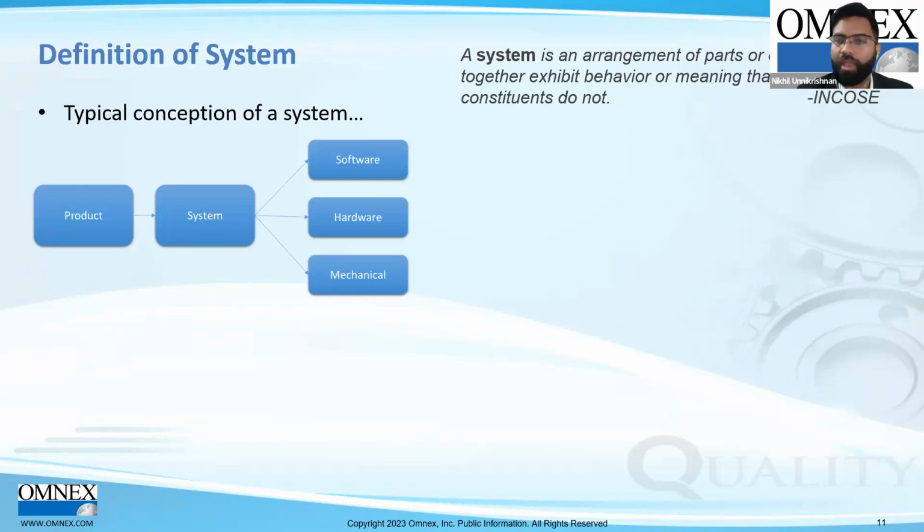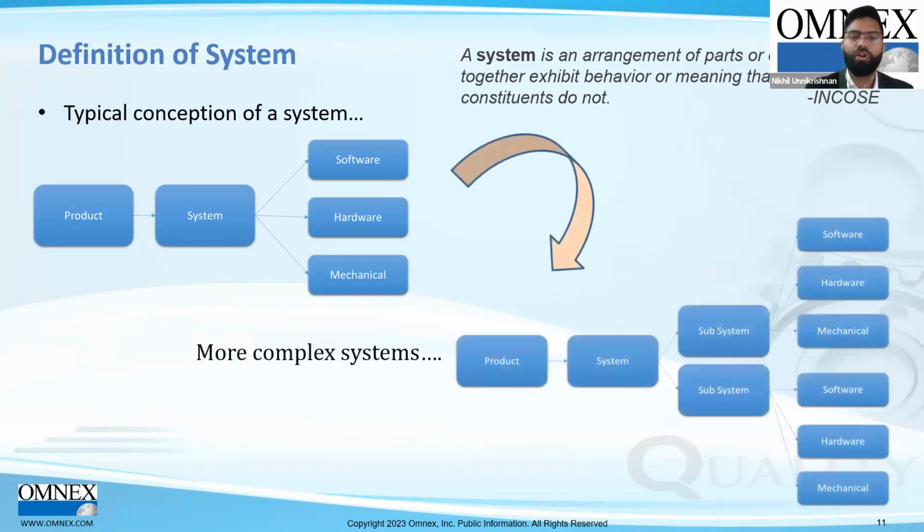So for example, the mechanical alone cannot function without what the hardware has to support it with, or the hardware cannot do what it has to do without what the software needs to support it with, to get things executed. So together, the three of them make the system possible, in other words.